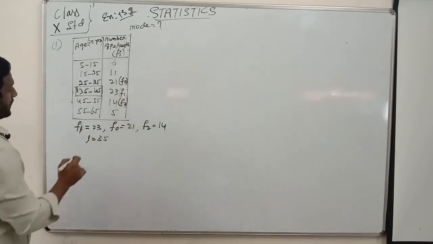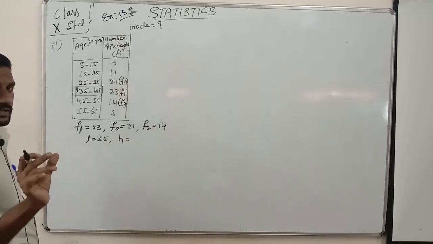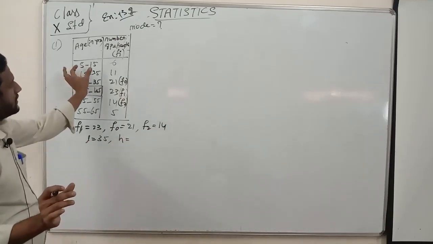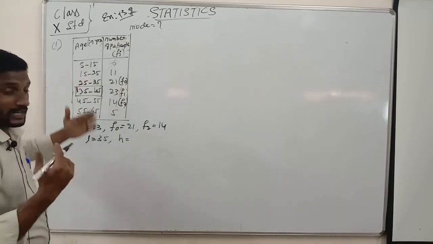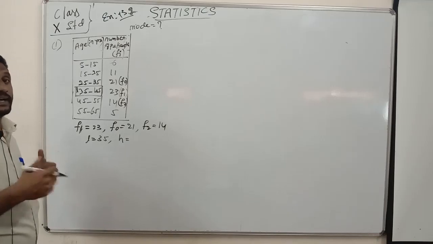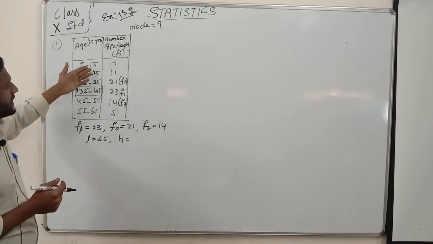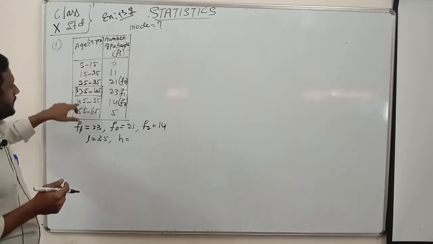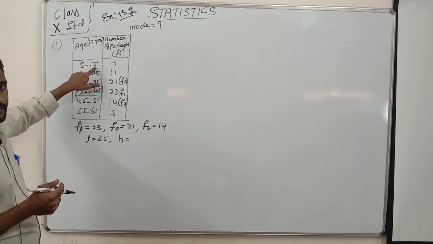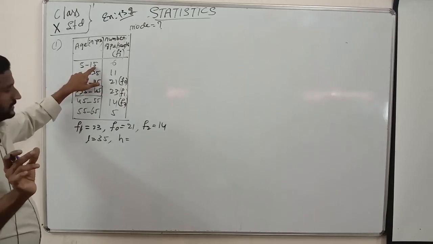And again, h is there; I want to calculate the class size or width of the class. How to calculate this depends on whether the class interval is overlapping, inclusive or exclusive. It shows that it is exclusive, as numbers are repeated here. The upper limit number is repeated, so only 5 to 14 can be taken, and the class size is represented by h.